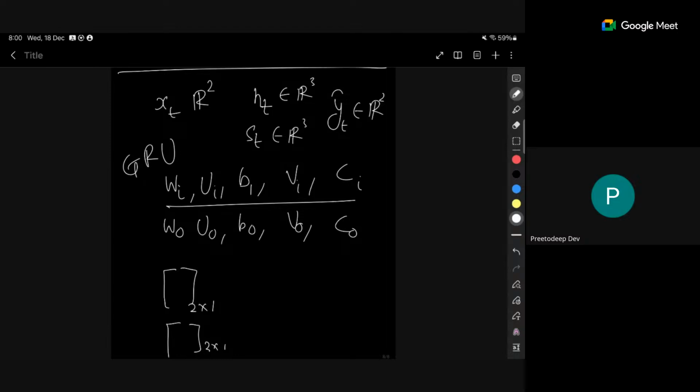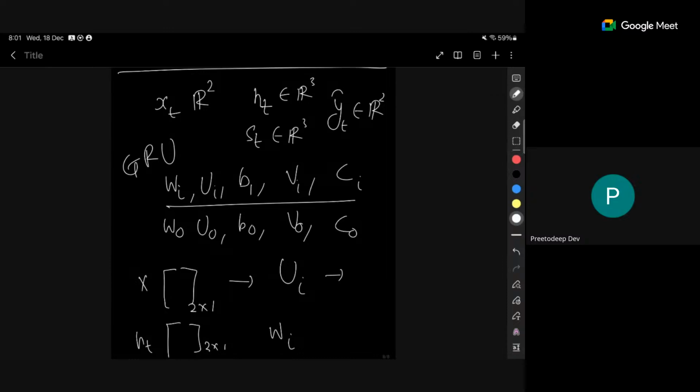This is related to X, and this is related to HT. So X will multiply with the U naught thing, and this UI or U naught, whatever. This will be with WI.